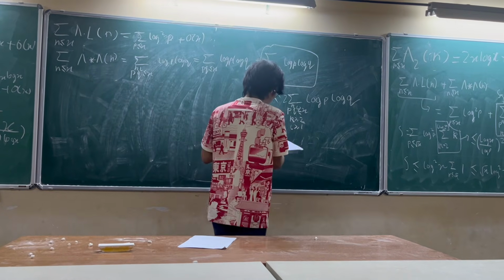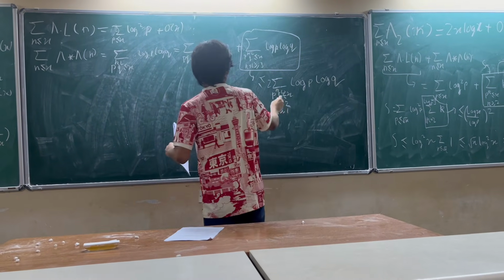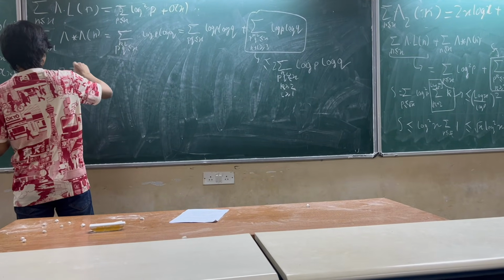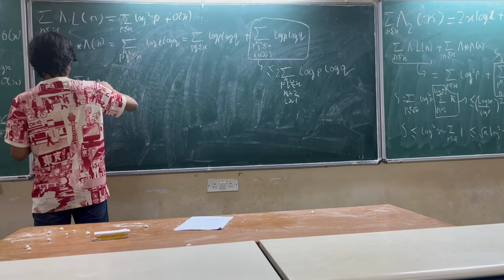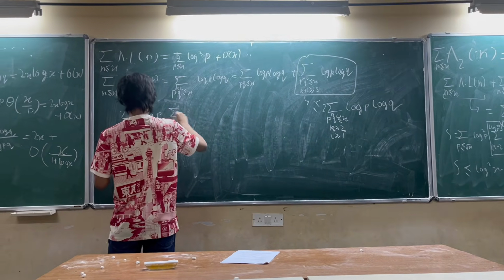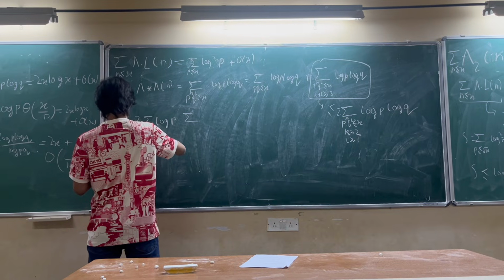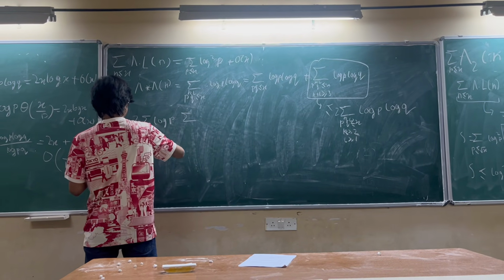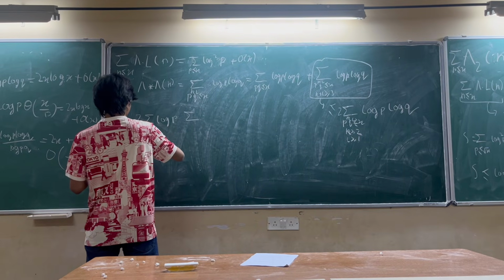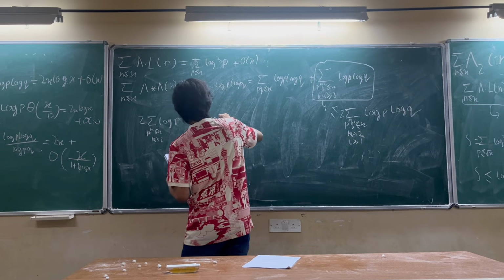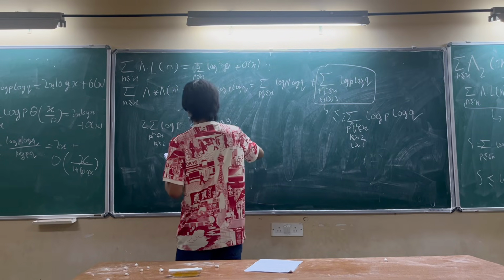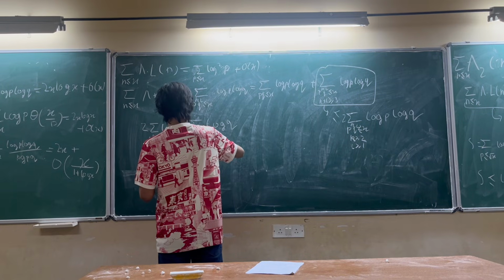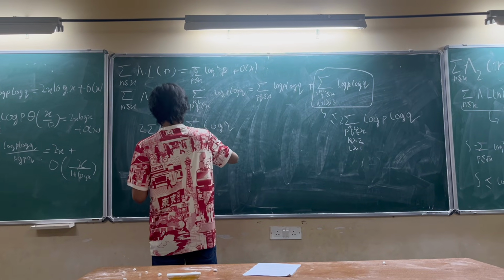And for this particular sum, it will be 2 times the summation of log p, p to the power k less than or equal to x, k greater than or equal to 2, and here on the inside we have log q, q to the power l less than or equal to x by p to the power k, l greater than or equal to 1.